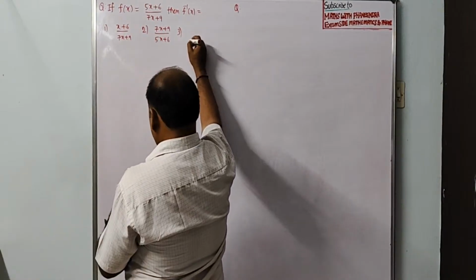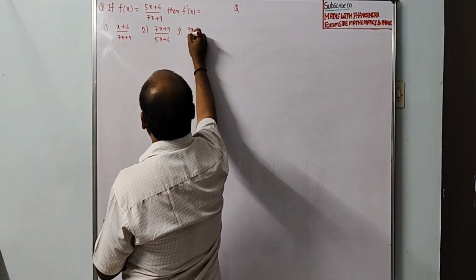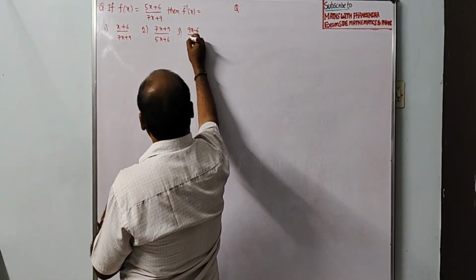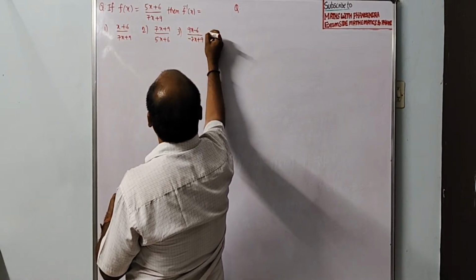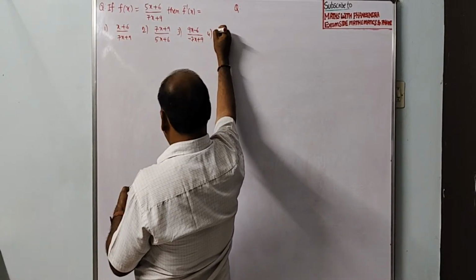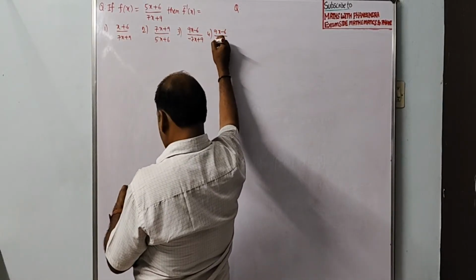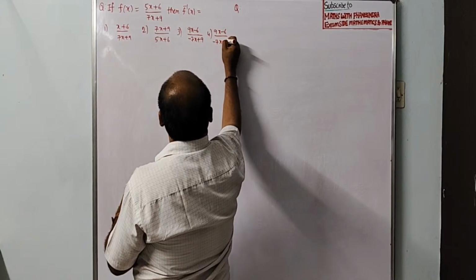Third option: 9x minus 6 divided by minus 7x plus 9. The fourth option: 9x minus 6 divided by minus 7x plus 5.